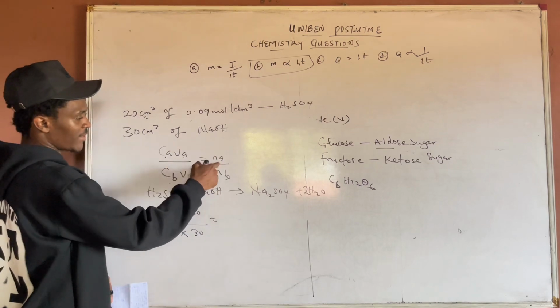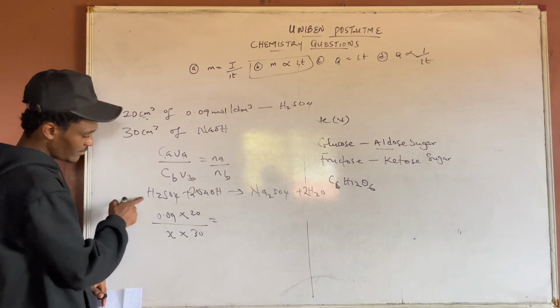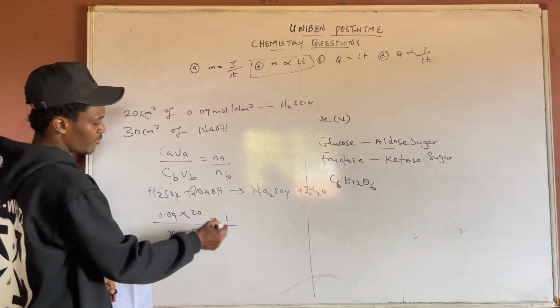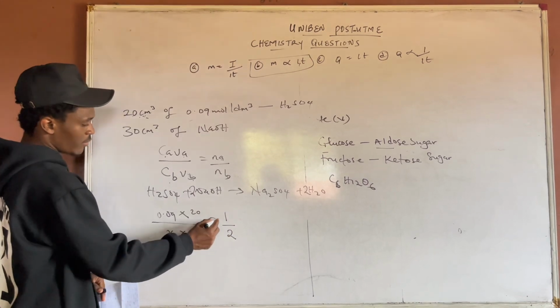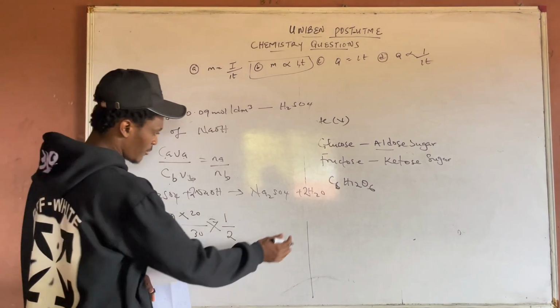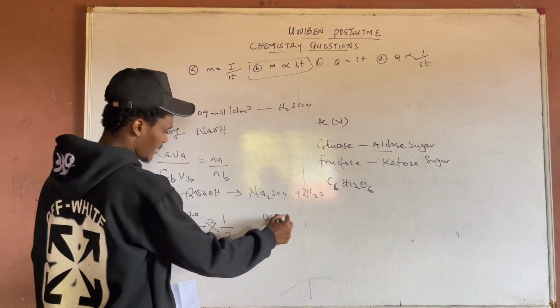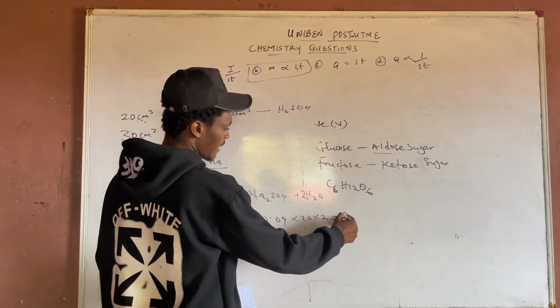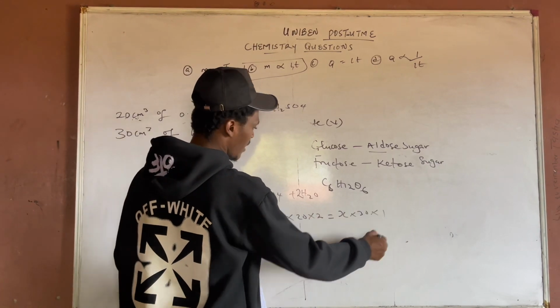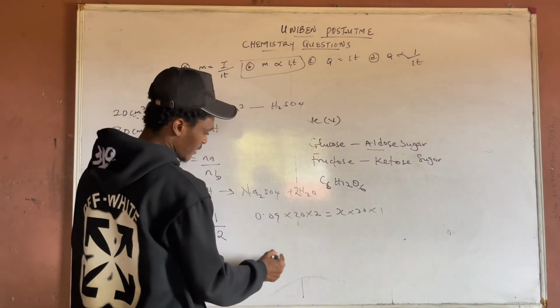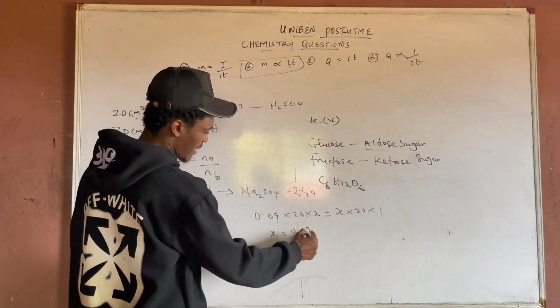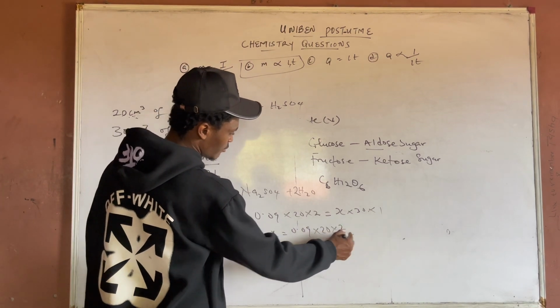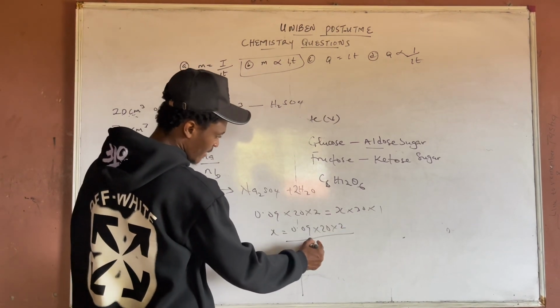So number of moles of acid, which is 1, invisible 1 there, over number of moles of base, which is 2. So when we cross multiply, we are going to obtain 0.09 times 20 times 2 equal to x times 30 times 1. Of course, for us to get x, we have to say that it is 0.09 times 20 times 2 over 30.